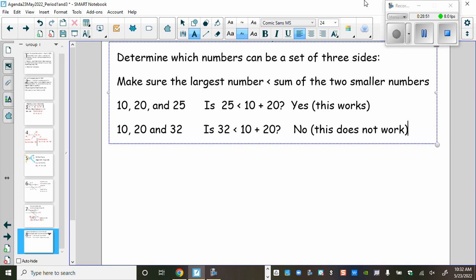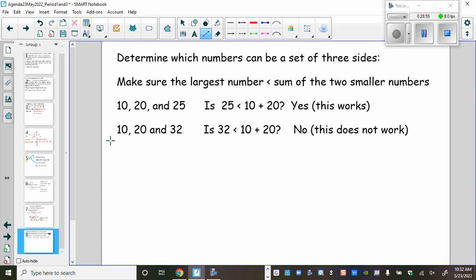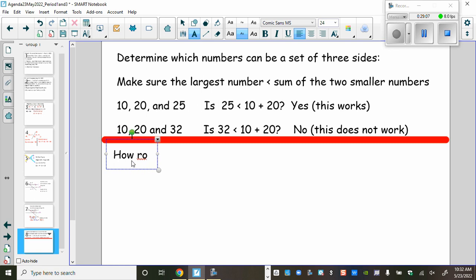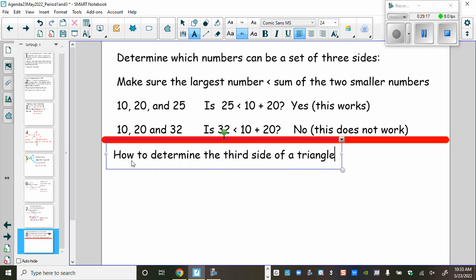All right. Now you might have another problem. Also, let's say how to determine the third side of a triangle.